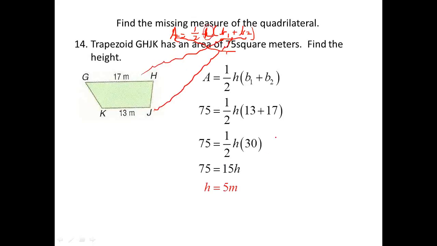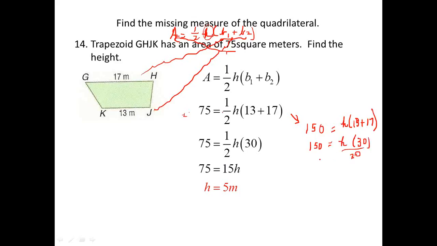Now, if you remember, I said especially if this was an odd number, if I didn't want to deal with fractions, I could have gone to this line and multiplied both sides by 2. So I don't have to deal with fractions. 150 equals h times 13 plus 17. And that gives me 30 still.